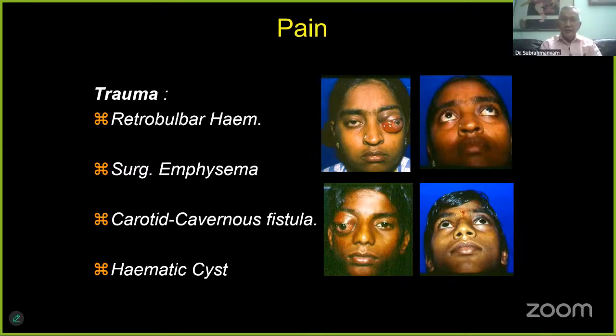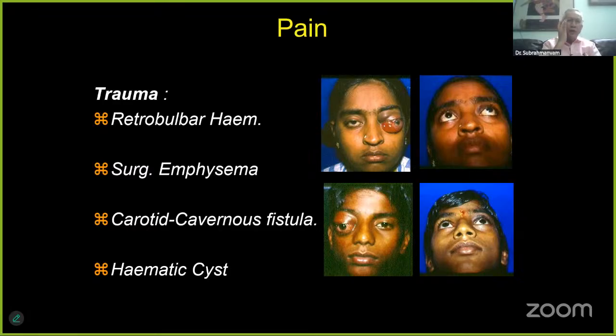In such a situation, first look for a RAPD, and check the orbital pressure by palpating with retropulsion. If you think it is tense, do a lateral canthotomy under local anesthesia immediately, and pass artery forceps above and below from the lateral side and try to drain the blood out.